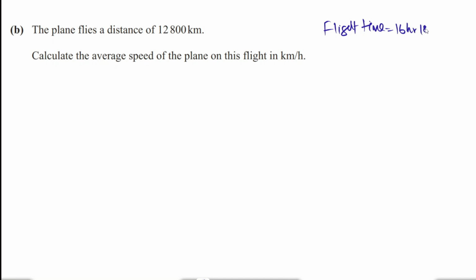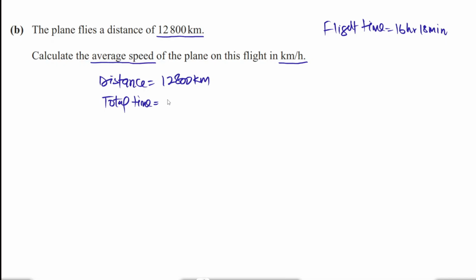What we have been asked here: the plane flies a distance of 12,800 kilometers, and find the average speed of the plane in kilometers per hour. So we know that total distance is given as 12,800 kilometers. Total time given for the flight is 16 hours 18 minutes.